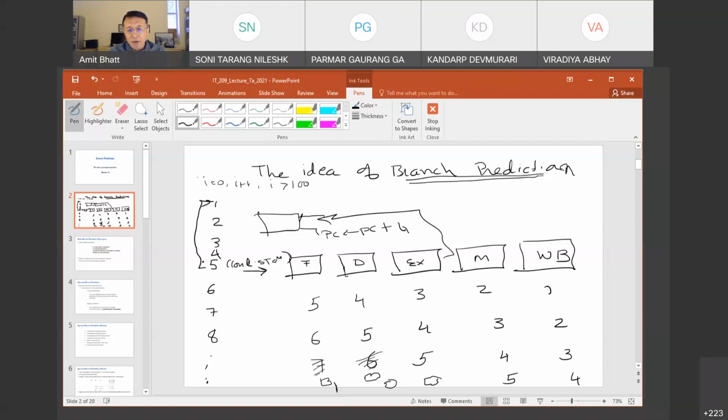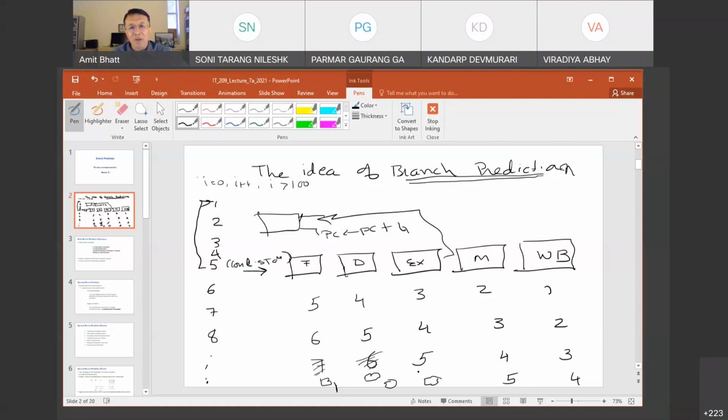So at the time of exiting, it would be exactly the opposite case. You will be getting 1 and 2, and then you will say, okay, you're supposed to actually exit the loop, not repeat the loop. So 1 and 2, you will have to chuck out. But that would happen after 100 correct predictions, you will get 1 wrong prediction. So you say, I saved a lot of cycles by making correct predictions.